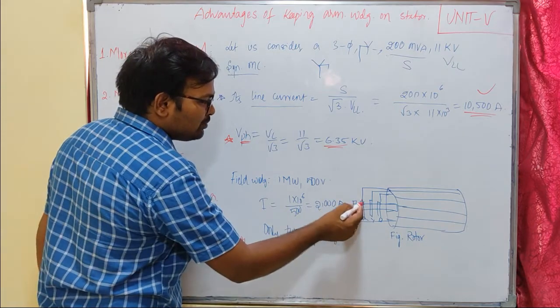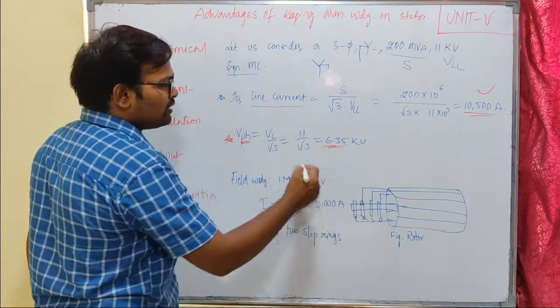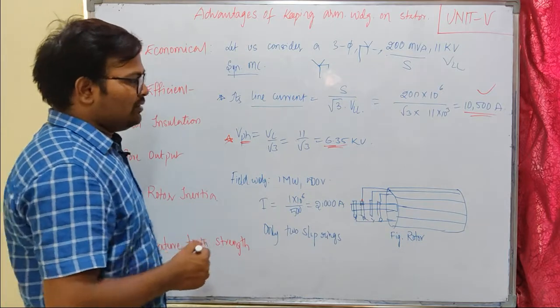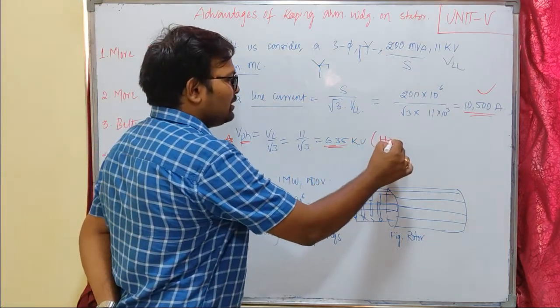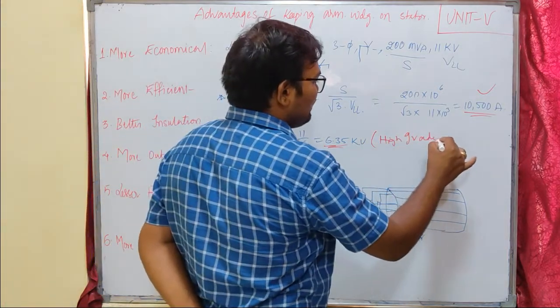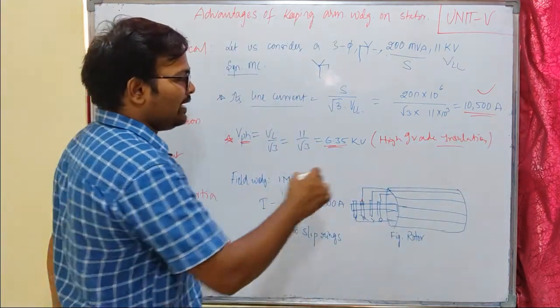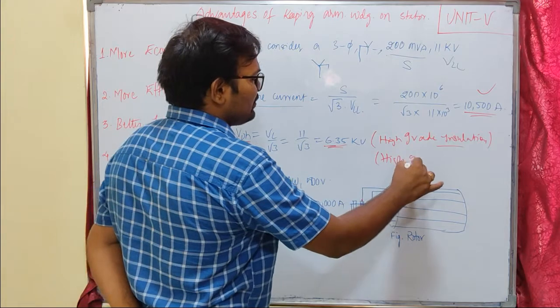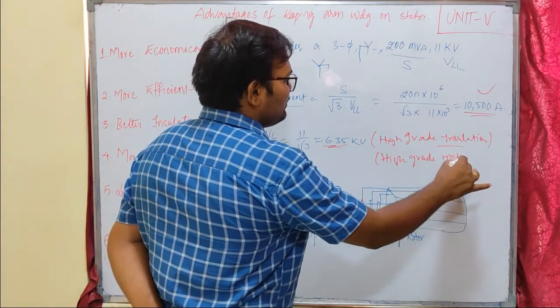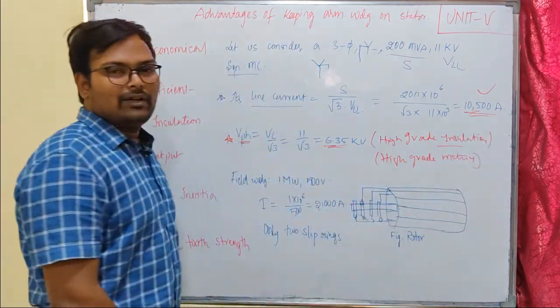Each slip ring should be insulated from shaft, so that there will be no short circuit between slip ring and rotor shaft. So more high grade insulation is required between our slip ring and shaft, and high grade material is required for our slip rings, high grade material to carry 10,500 ampere of current.